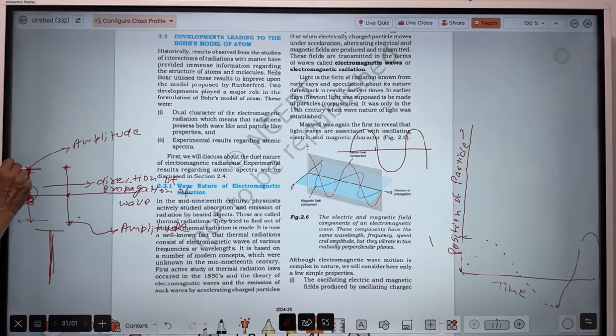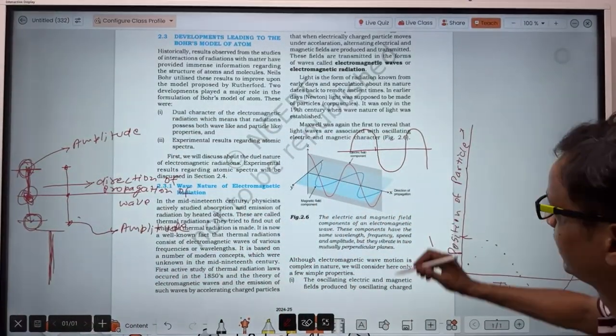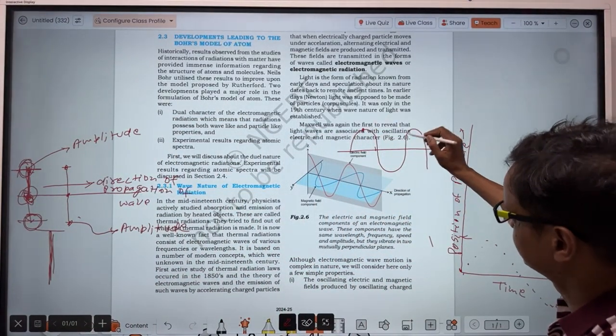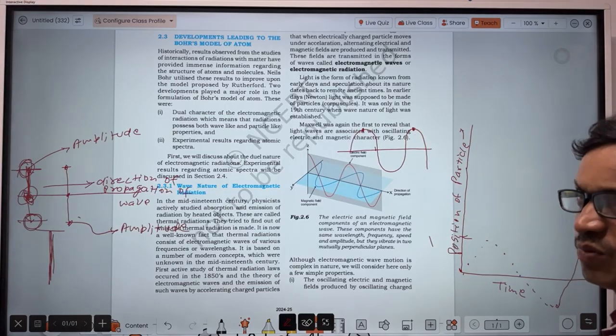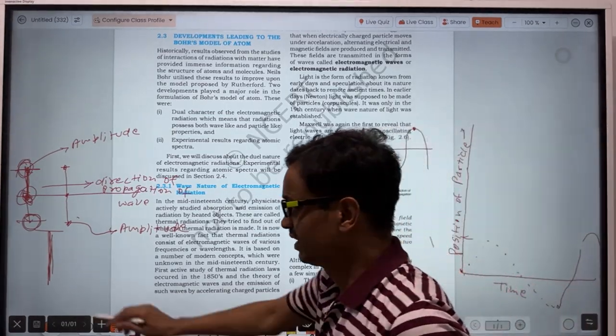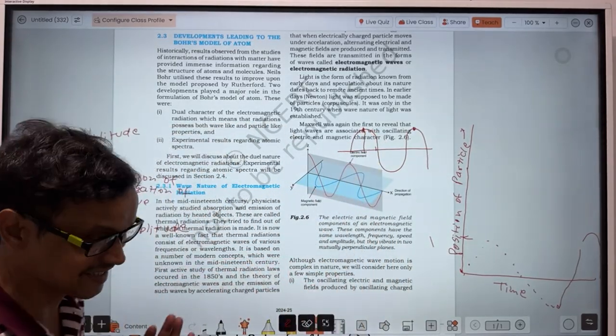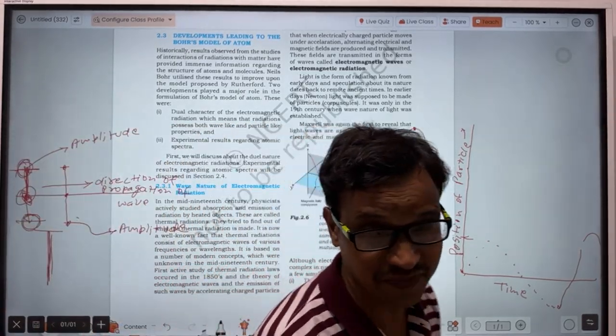Okay, amplitude is the maximum position to which the particle can go. That may be above or below also. Now this point, the maximum point, is called the crest. Okay guys, keep in mind, don't be confused.